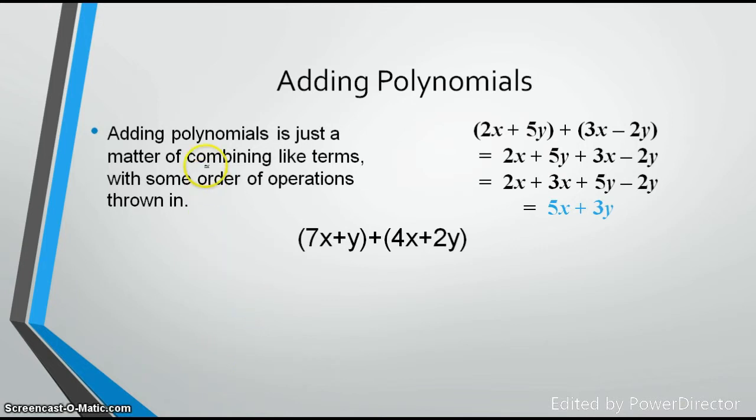Adding polynomials. Adding polynomials is just a matter of combining like terms with some order of operations thrown in. So we have 7x plus y plus 4x plus 2y. So we have 7x plus 4x and then 2y plus y.